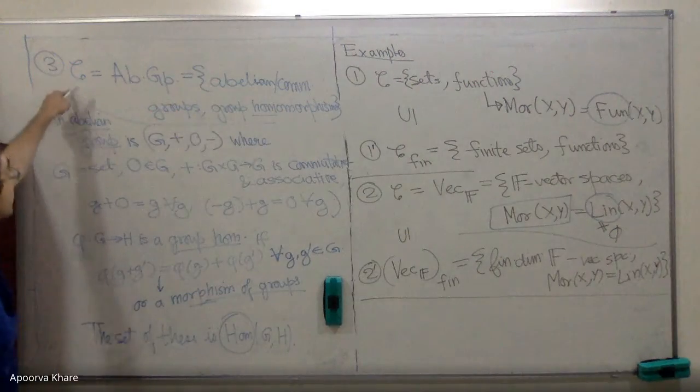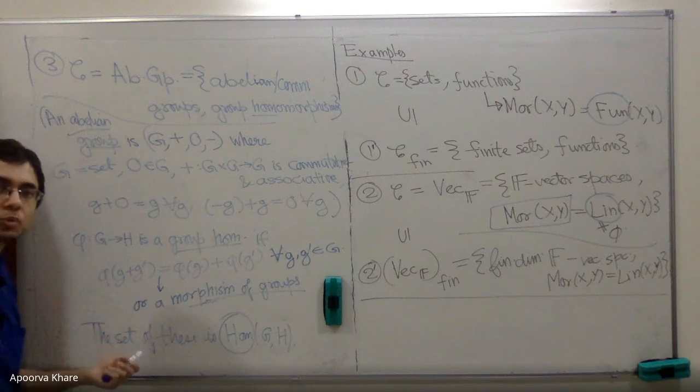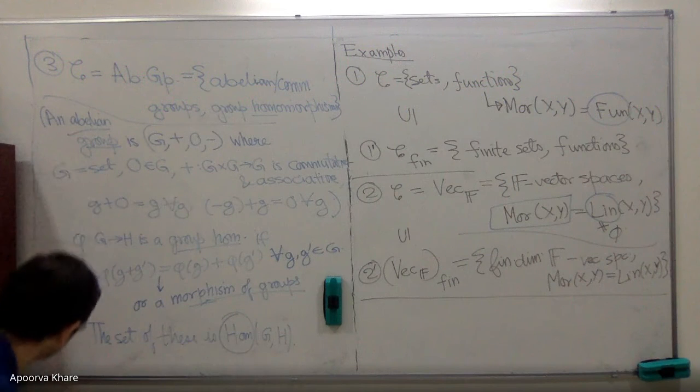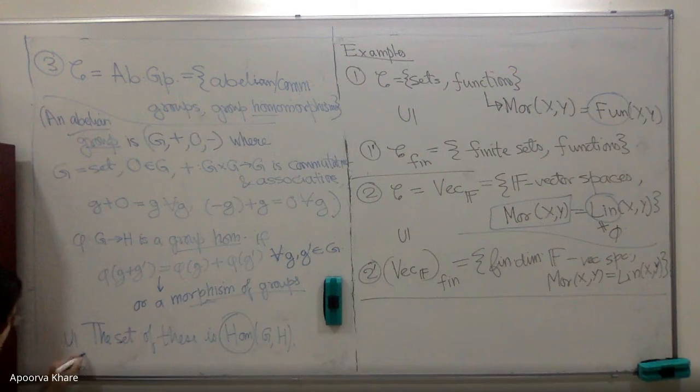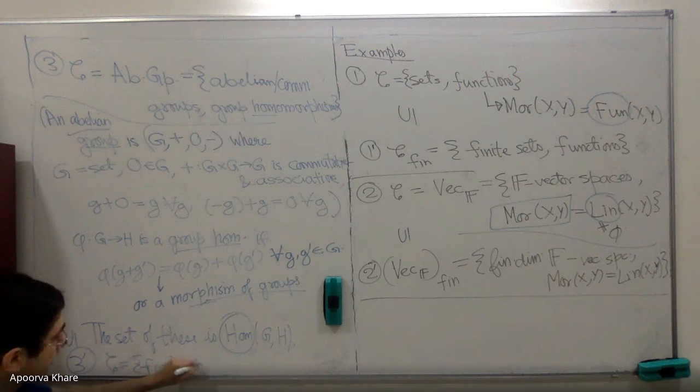So this is category 1, this is 2, and this is 3. And similarly, I can ask for 3 prime, which is finite groups and their morphisms. C equals finite groups, finite abelian groups.